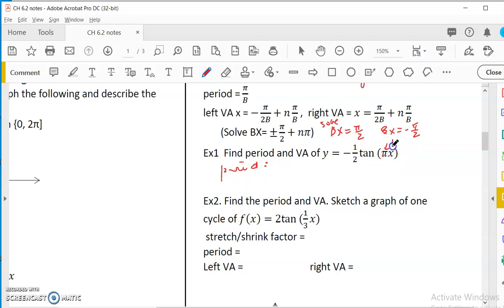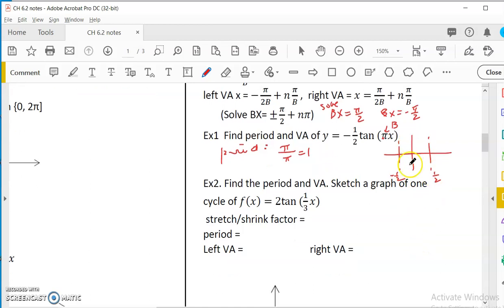So b is pi. The period for the basic one is pi, and you have b also pi. So the period is 1. That means the graph has two vertical asymptotes, and the whole thing is 1. That means 1/2 and -1/2 are the two vertical asymptotes. Okay, it's always half of the period.